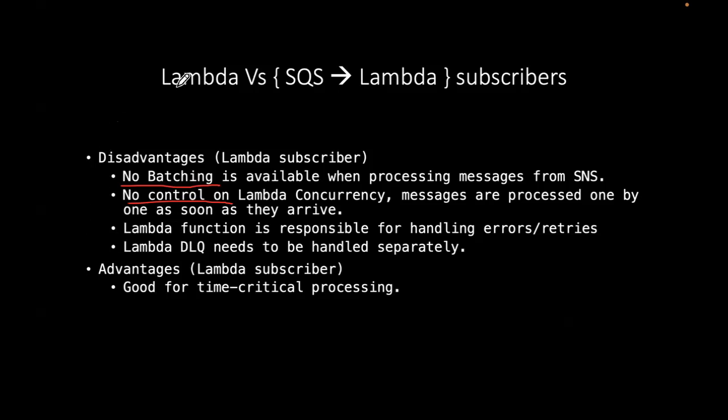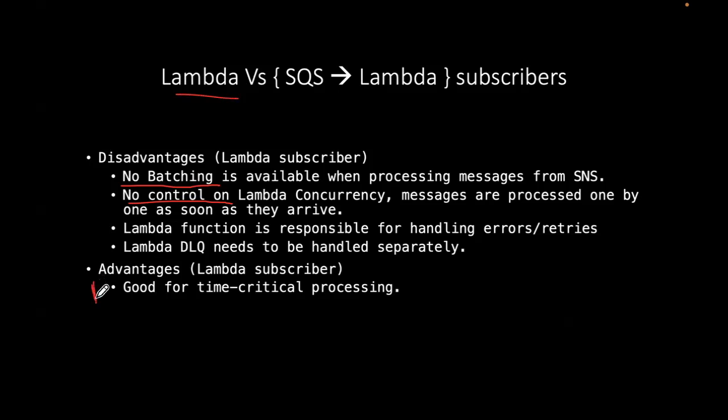So you might argue, well, then there can't be any scenario where it's good to have a Lambda as a direct subscriber. Well, in fact, there is a good case, and that's what I'm getting at here.